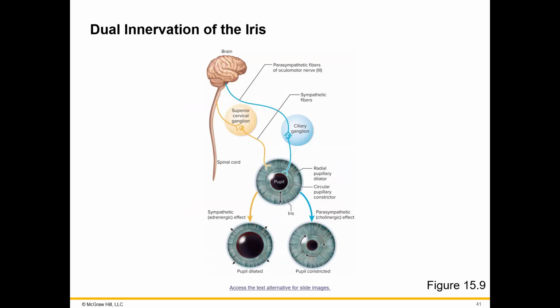It makes it constrict. Usually the parasympathetic is the relaxer one. Parasympathetic is going to make the blood vessel diameter wider, and usually the sympathetic is going to constrict the blood vessels, not the eye. The parasympathetic constricts the pupil, and the sympathetic dilates the pupil.